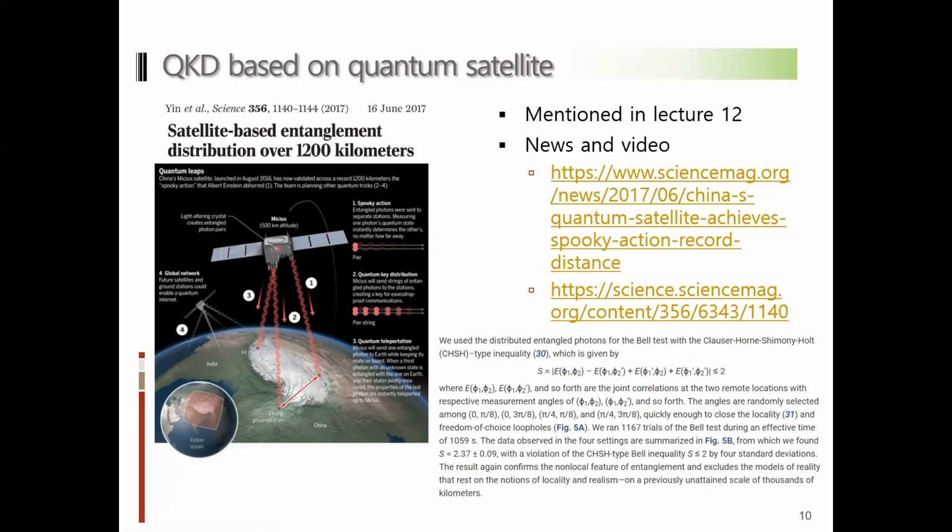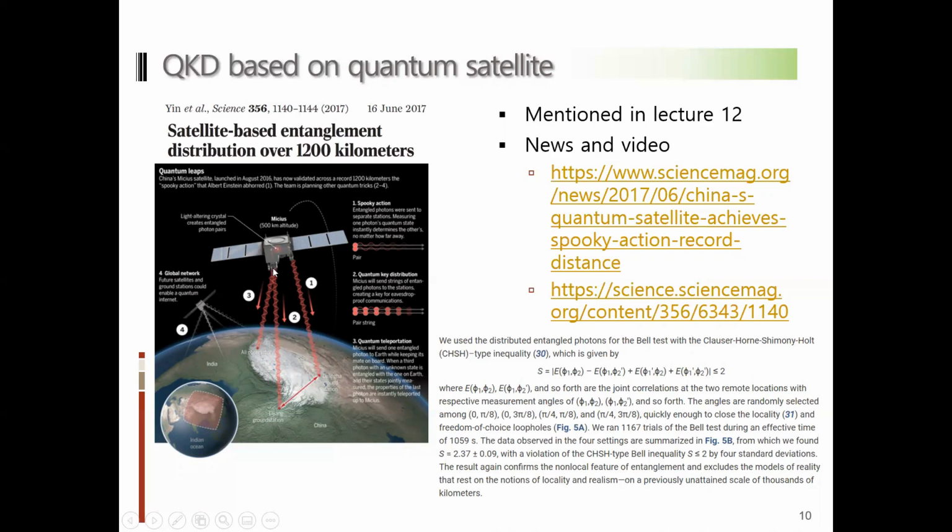And then a more interesting result was published a few years ago. As I mentioned in early lectures, they put an entangled photon pair generator on a satellite, and distributed two photons to separated stations on the Earth.